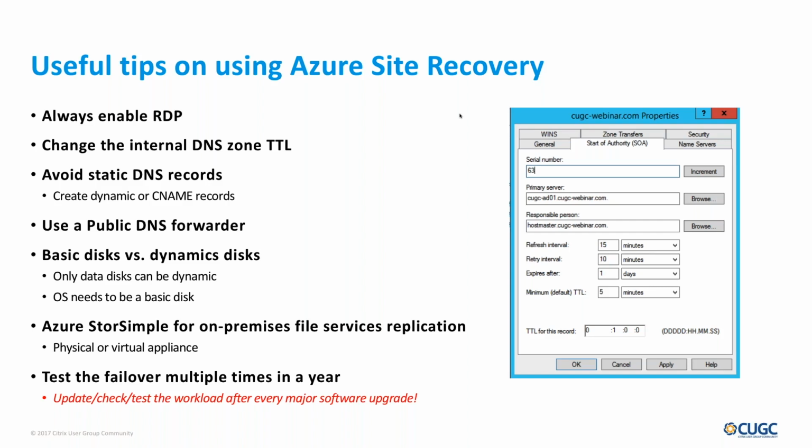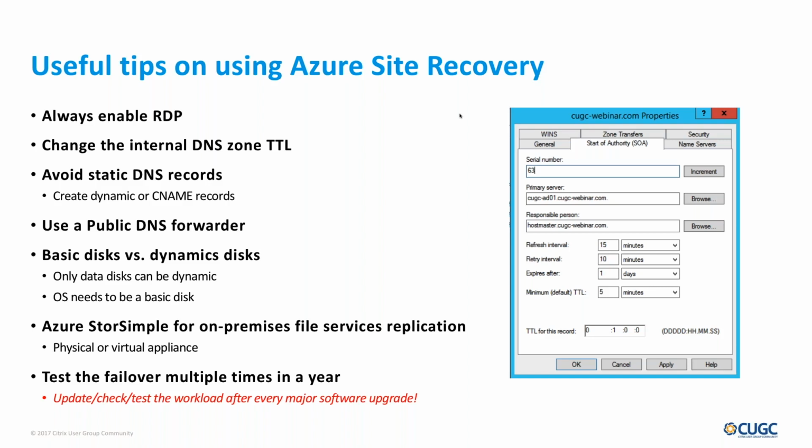But I don't take enough time to explain Azure StorSimple for now. Keep in mind that you can replicate your on-premise StorSimple appliance to the virtual appliance in Microsoft Azure, and also use it for disaster recovery reasons in Site Recovery.